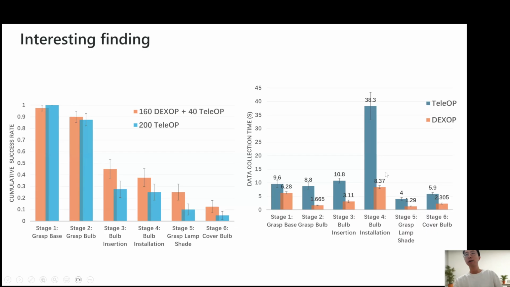This results in the dataset being biased toward this stage, and as a result, the policy would tend to stay in this stage instead of transiting to the next stage. This is actually an interesting finding, and it shows that without proper feedback to the humans, sometimes we could introduce some bias in the data we collect and eventually degrade the policy we have.